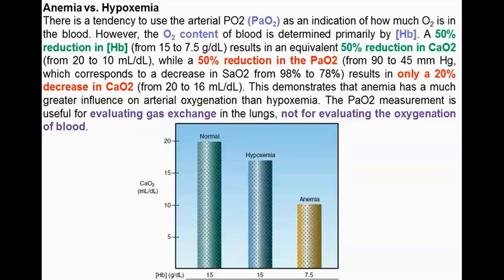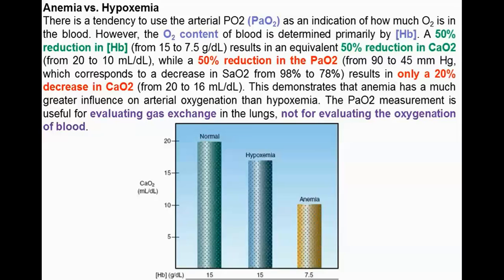If the PO2 decreases from 90 to 45, how much will the saturation be? For a normal person with 92% saturation, what is the PO2? What does hemoglobin saturation mean?